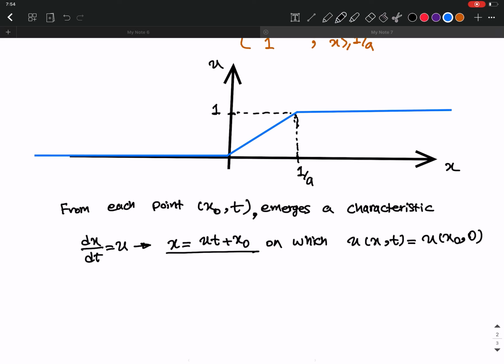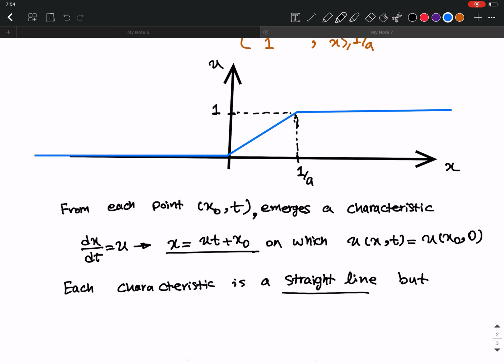Okay. And we see from this that each characteristic is a straight line, but slopes may vary depending on the initial data, right?